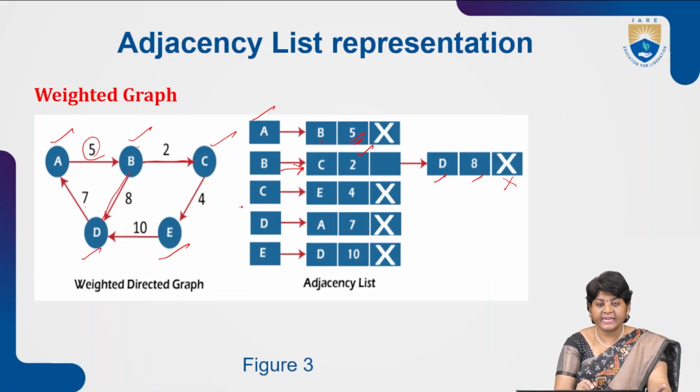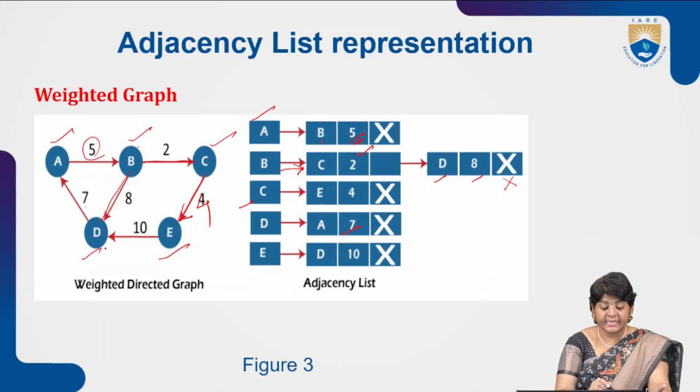And similarly for vertex C, it is connected to E with weight 4. So C is linked with E with weight 4. And vertex D is linked to A with weight 7.